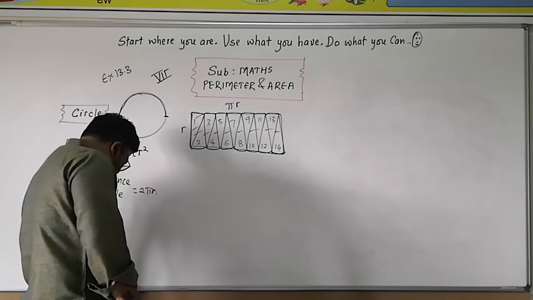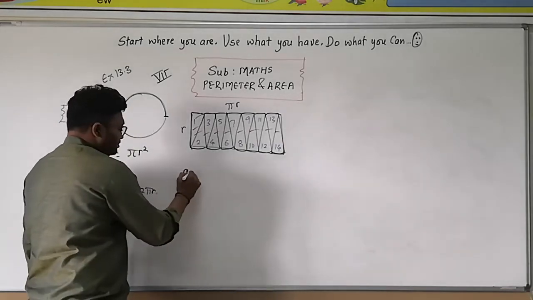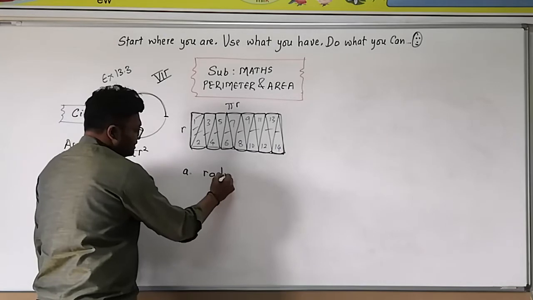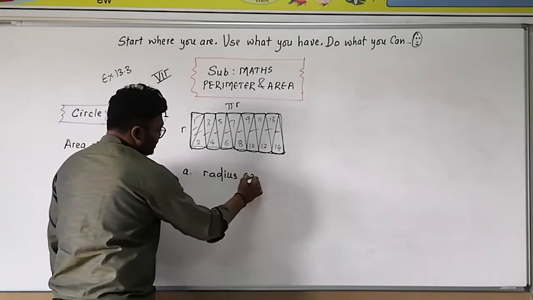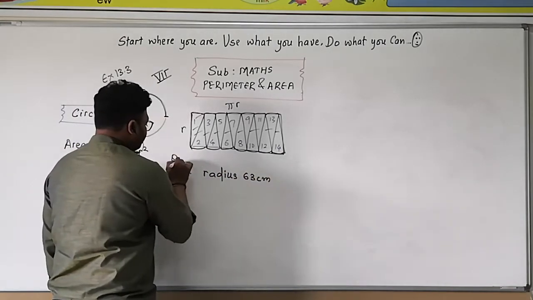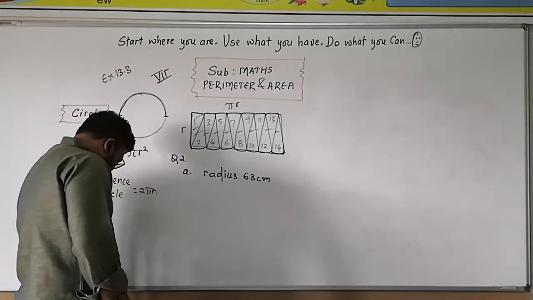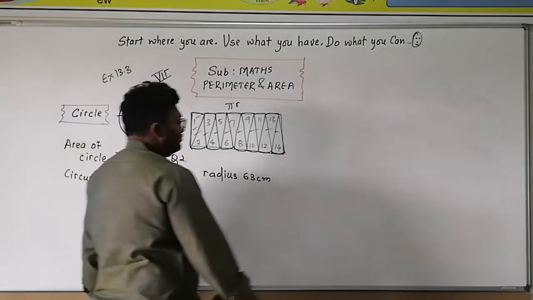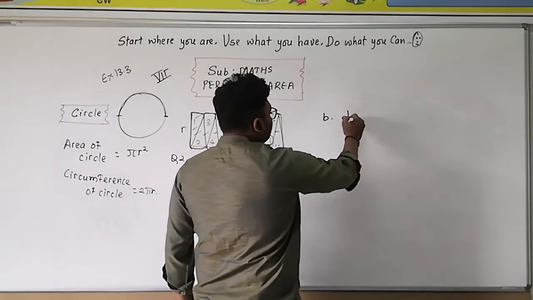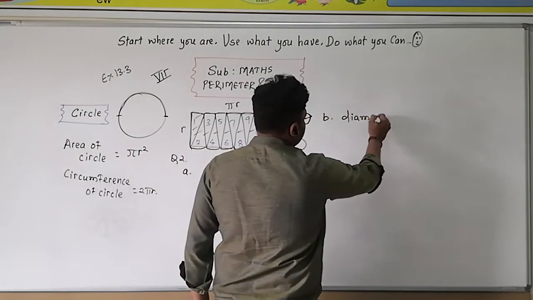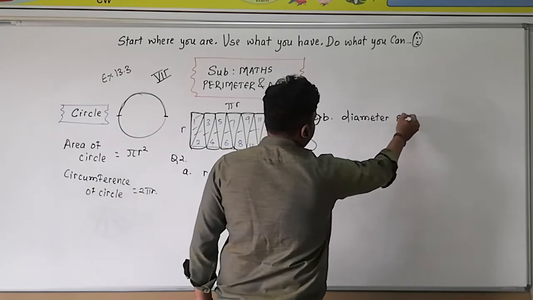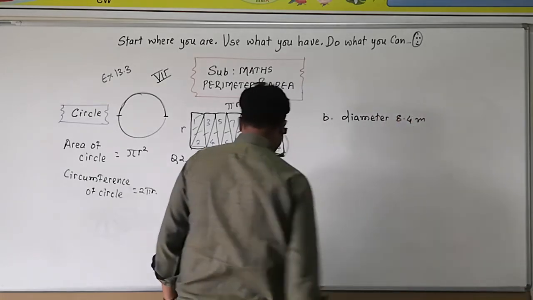A circle with radius 63 centimeter. This is question number 2. And a circle with diameter 8.4 meters.